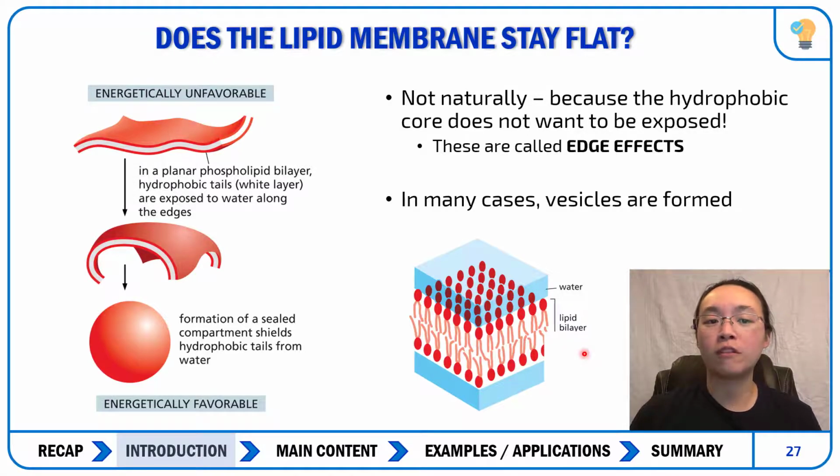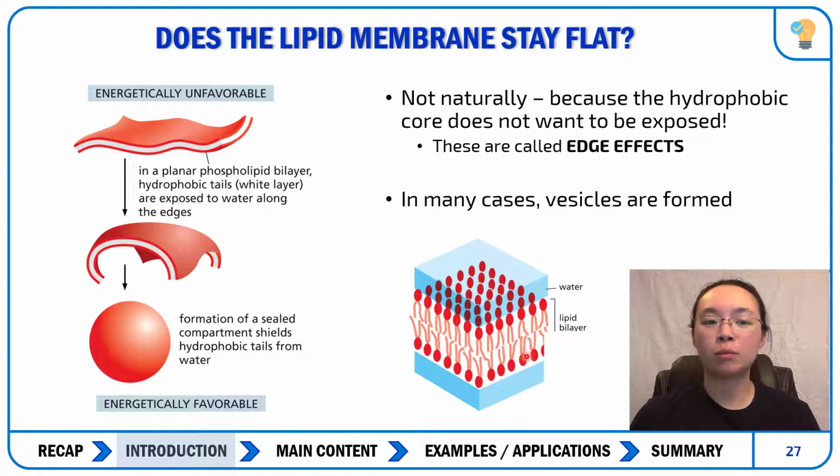Well, number one, I'll say yes, it can stay flat, but only if we create a situation where it's in a preferable and favorable orientation. So if we can anchor the membrane, for example, if we can anchor the bottom polar heads to a substrate, if you have a polar or hydrophilic head at the bottom, that means your substrate will also have to be hydrophilic.